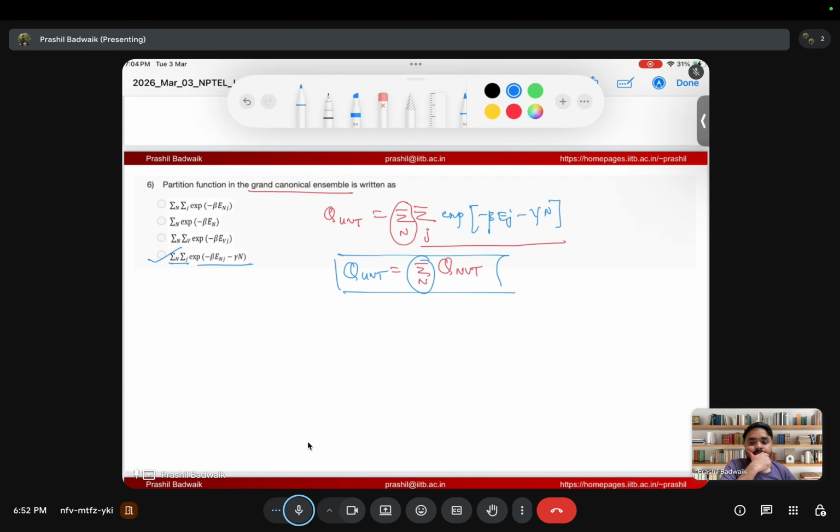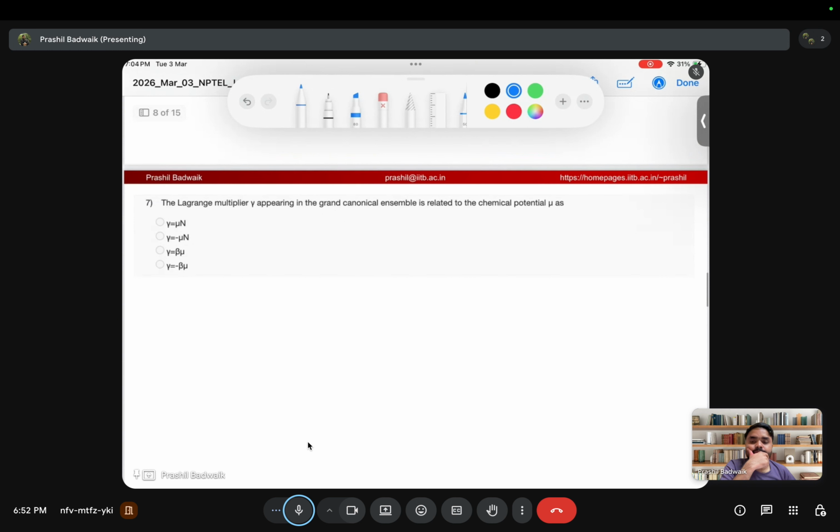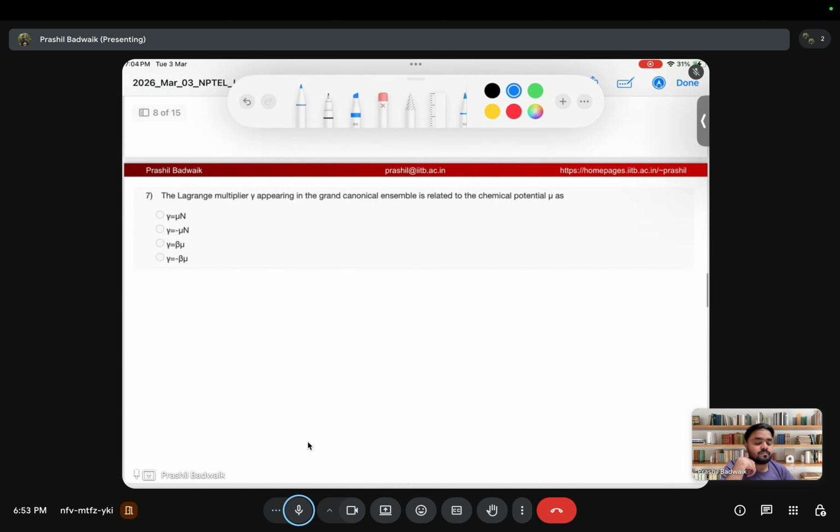Now do it for the other, question number 7. What is the value of gamma that we get? There is a derivation, the way we have the derivation for beta, which is equal to 1 upon kBT, where kB is Boltzmann constant.